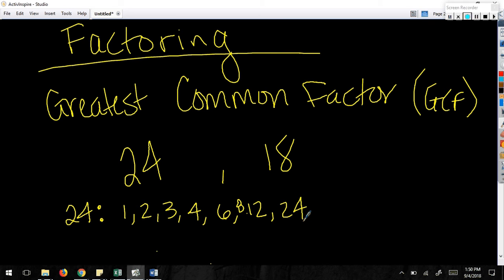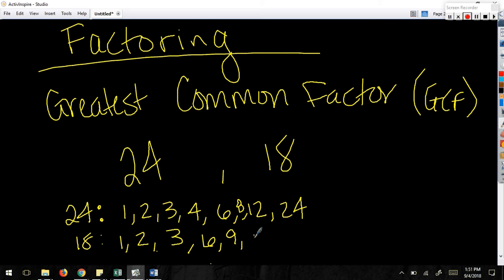How about the factors of 18? 1, 2, 3. Somebody said 3. 3 is a factor. No, 4 don't go in 18. 6. What else? 9.